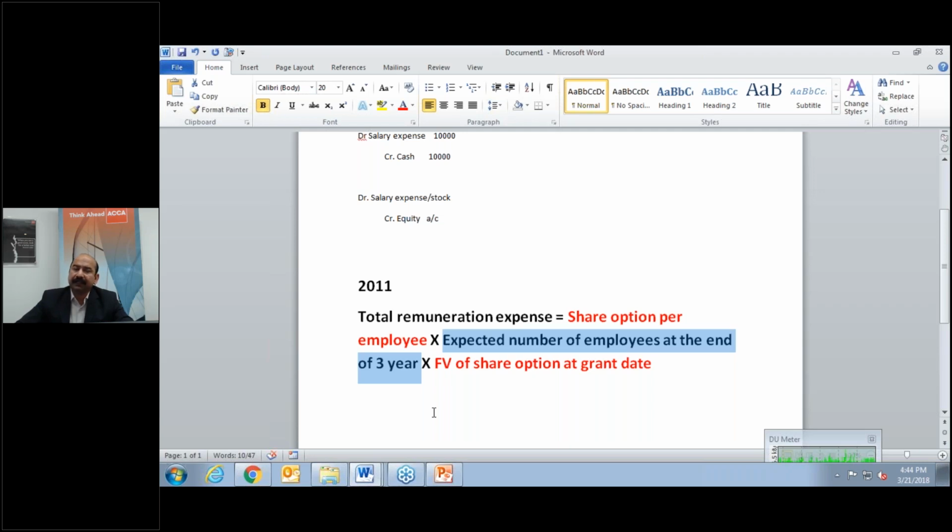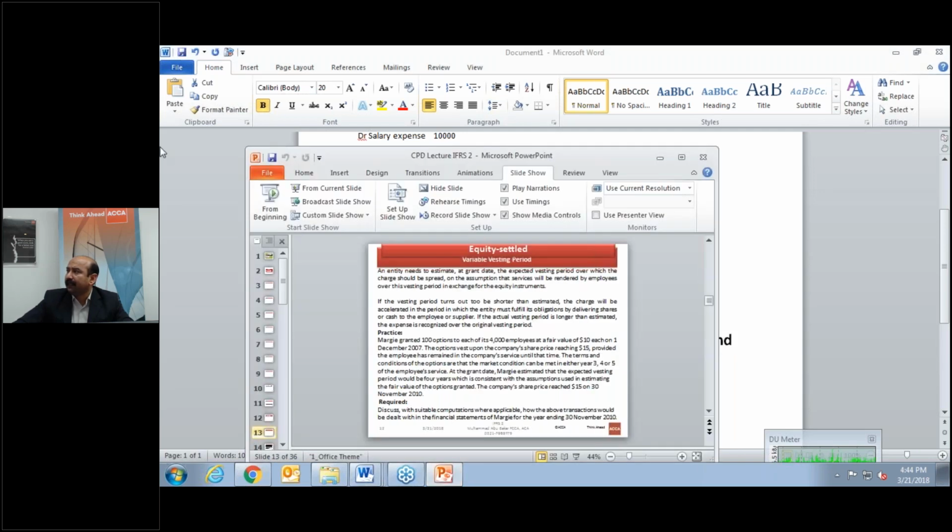You might have a different estimate at the end of 2011. You might have a different expectation at the end of 2012, and similarly at the end of 2013. But by the end of 2013, you will be having an actual picture as well.